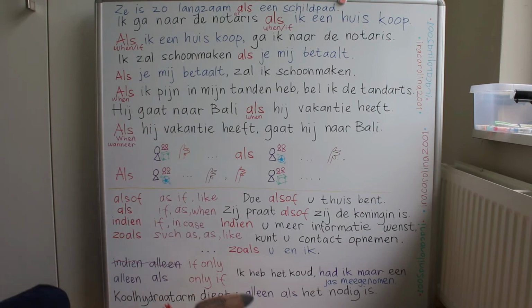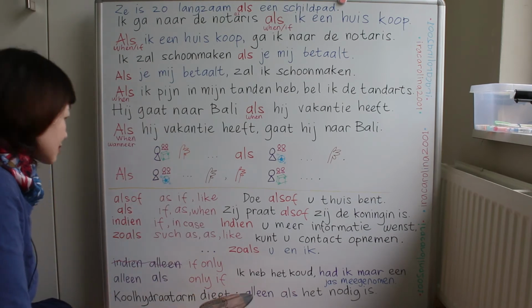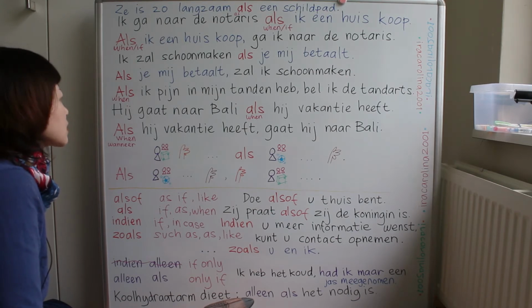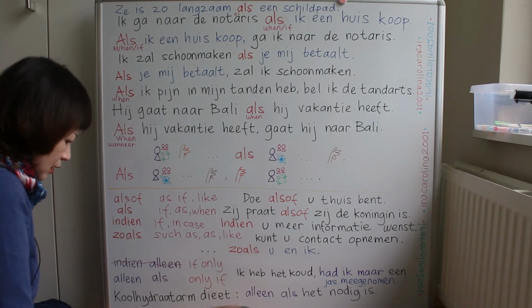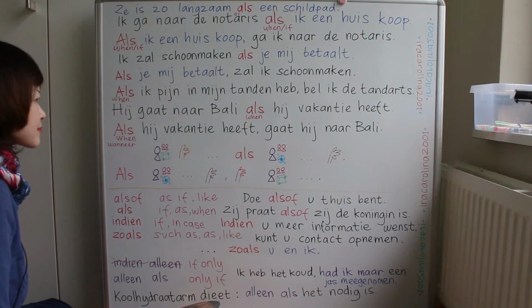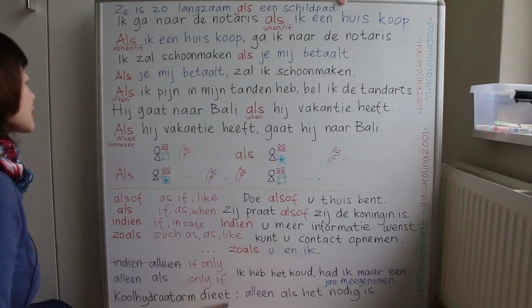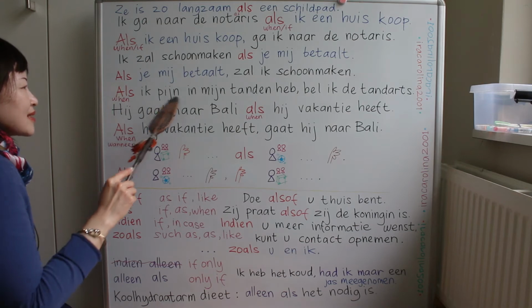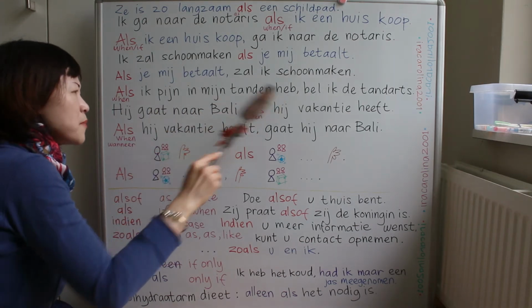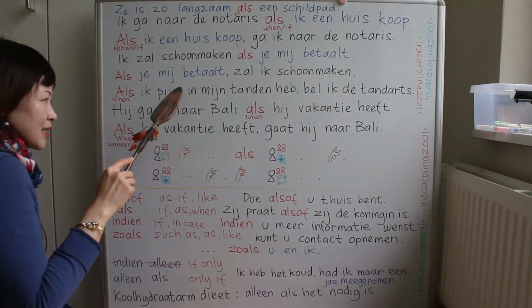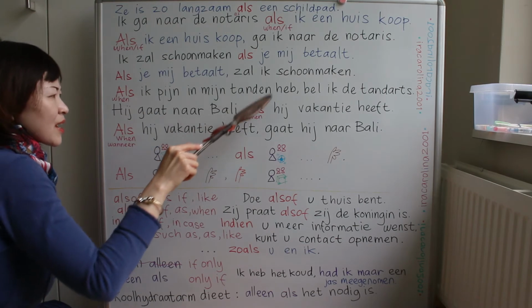And this sentence we have als as when. Also this one. Yeah, so this als can be for these three words. Basically how you interpret the sentence. Als ik pijn in mijn tanden heb. When I pain in my teeth have.